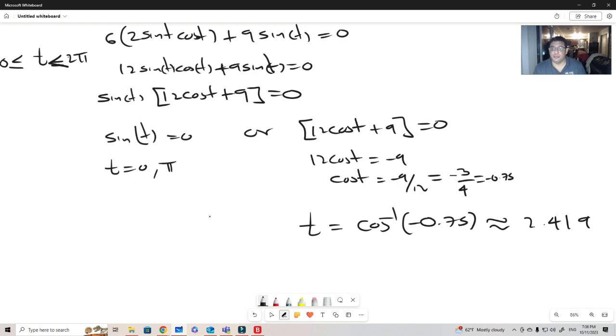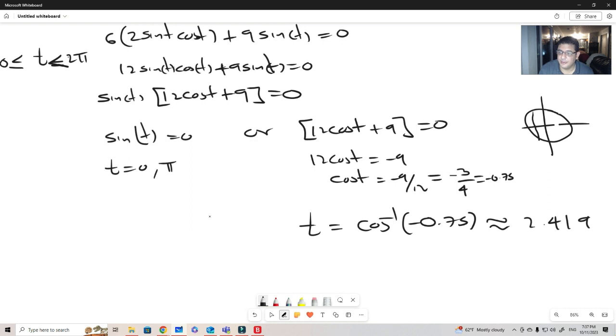And so let's recall again that this is cosine. So if we are in the unit circle, cosine is corresponding to x. So this is an x value. Oh, but it is not a positive one. It's a negative one, right? So we are here, since it's minus 0.75.